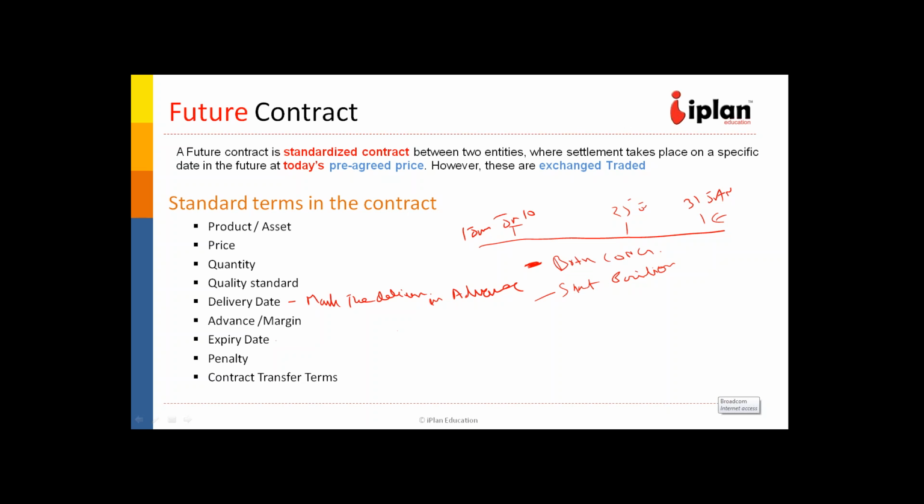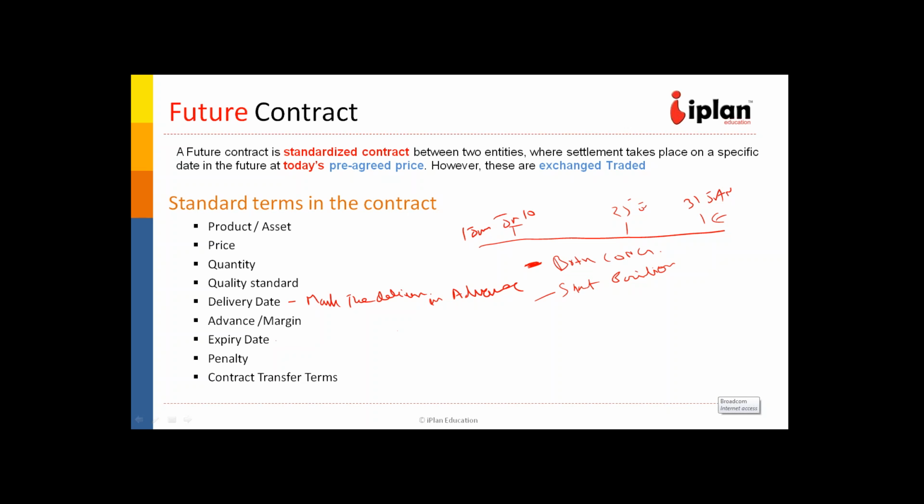And then the exchange will arrange for the commodity you actually want to get delivered, and will store it in the warehouse, or will just make sure that the commodity is with them.